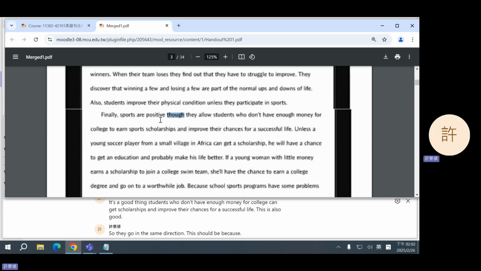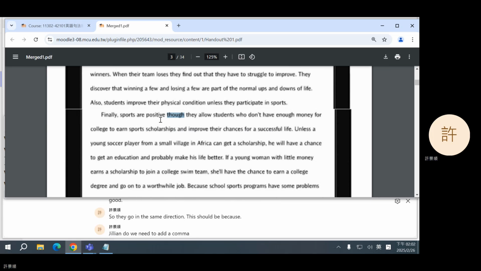Yoan, do we need to add a comma? Does this sentence start with the main part?